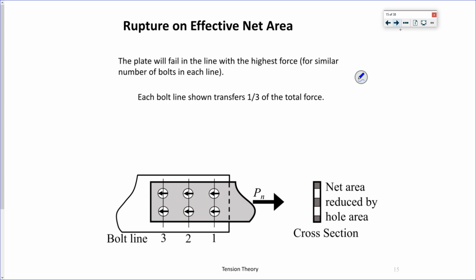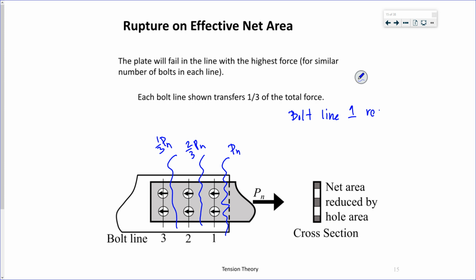So all that to say, my force in my plate here is Pn. The force in the plate before bolt line 2 is 2/3 Pn, and then 1/3 Pn. So bolt line 1 has to resist Pn.